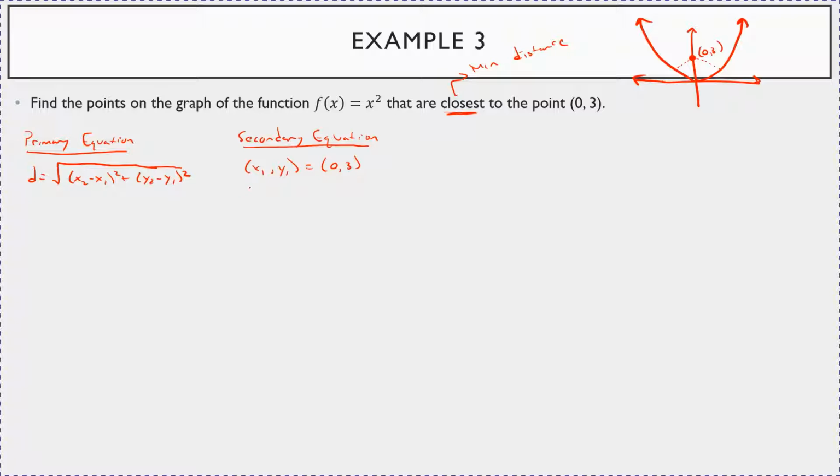Now we don't know the other point. So the x2, y2 is going to be the corresponding x value and the corresponding y value. The x value is going to be whatever it is. And what is the y value? The y value is given by the function.